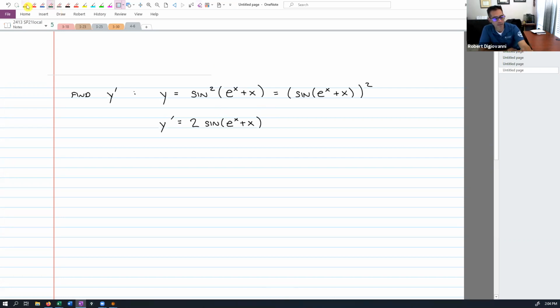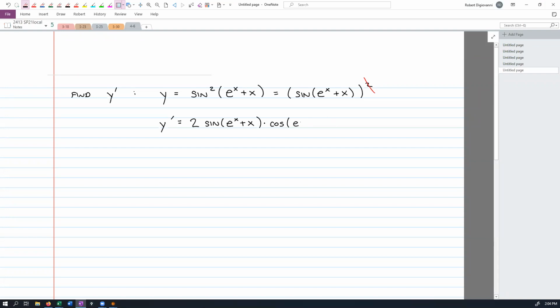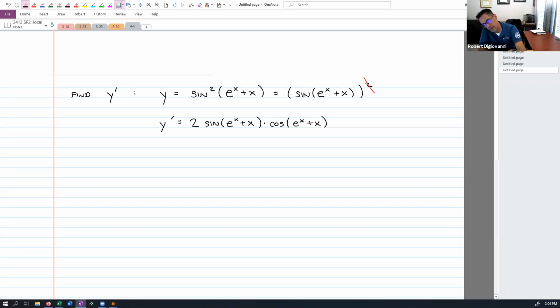Okay, and then what do you got? After that, I was going to change the sine into a cosine. Cosine. So we're doing chain rule here. We've done the 2. Now we're moving into the sine, which becomes cosine of what? Of everything inside as well. Good, good. Are you done? Not yet.